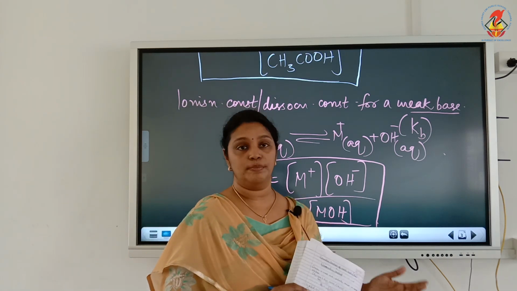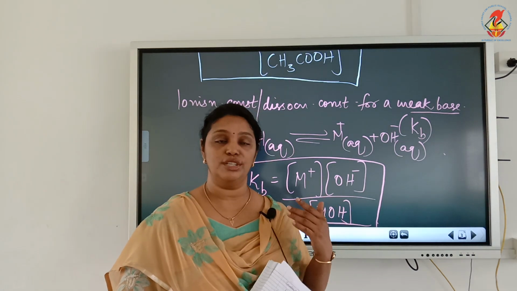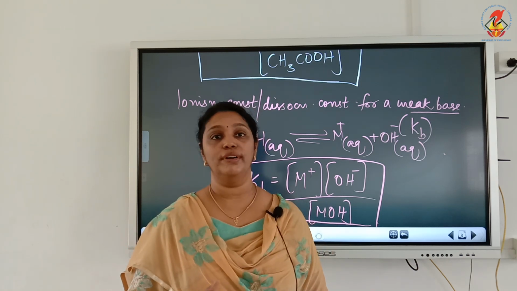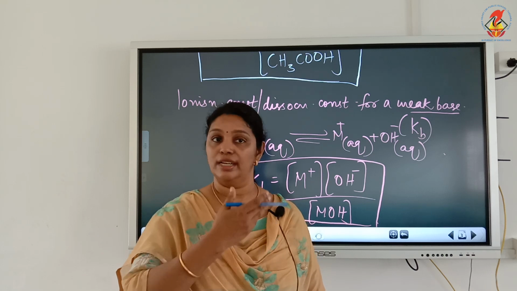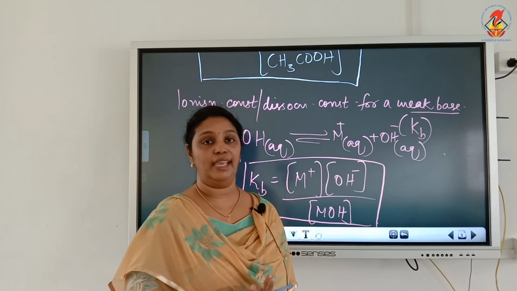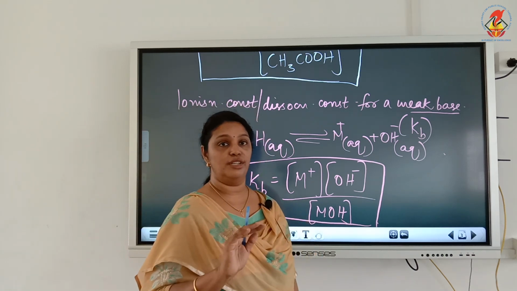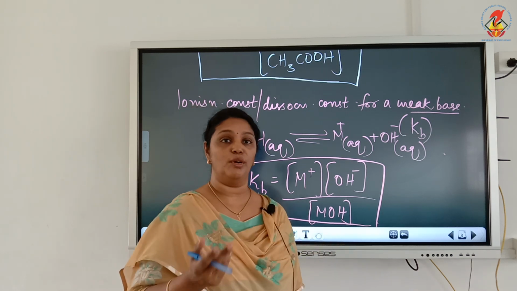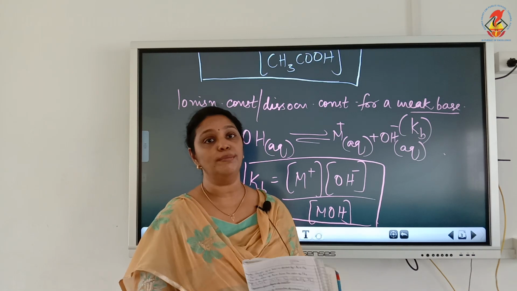Now this is the expression to find the ionization constant, or if you are asked to find the ionization constant of acetic acid, you can derive the expression like this: Ka is equal to concentration of acetate ion into concentration of H3O+ divided by molar concentration of CH3COOH.